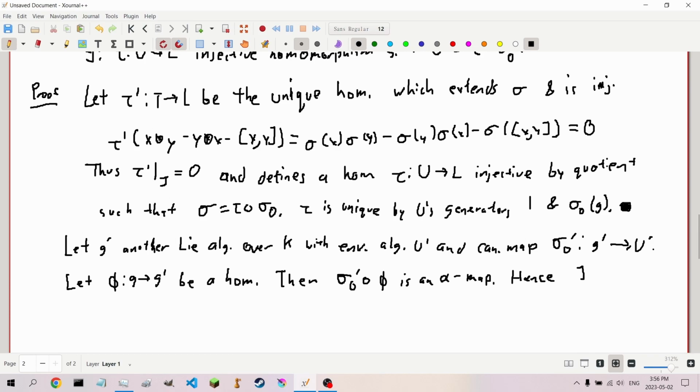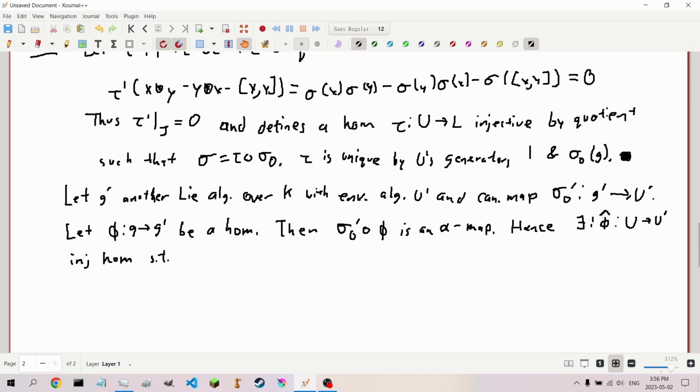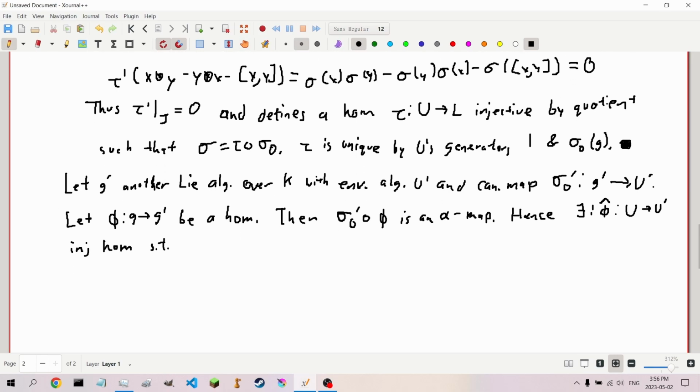Hence there exists a unique injective homomorphism phi hat from U to U prime, such that we have another diagram here from G to G prime of phi.